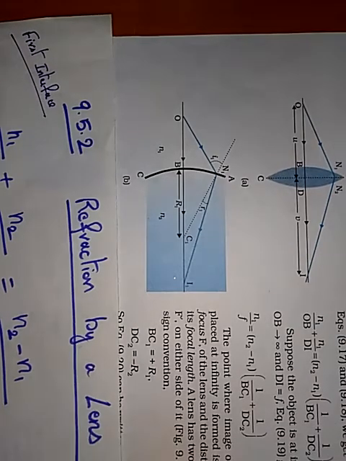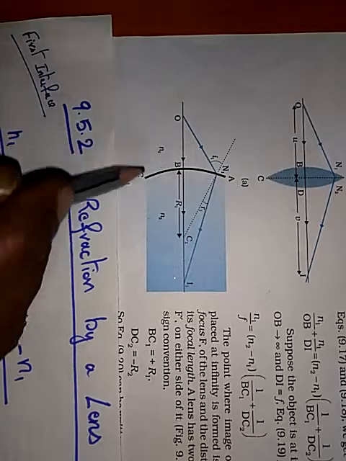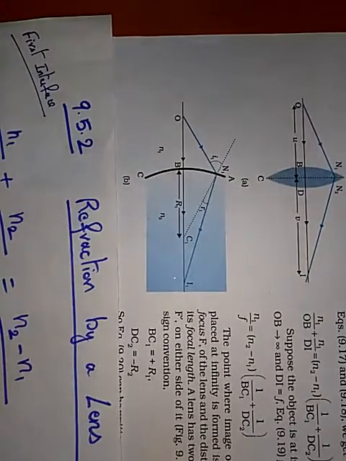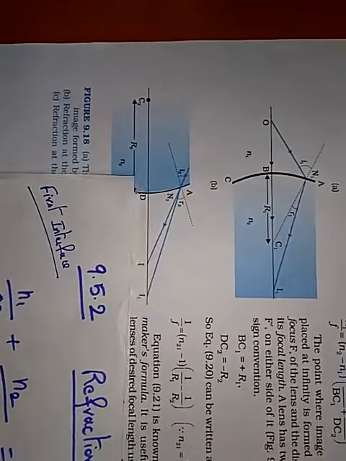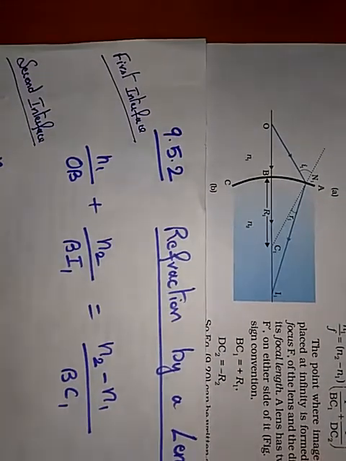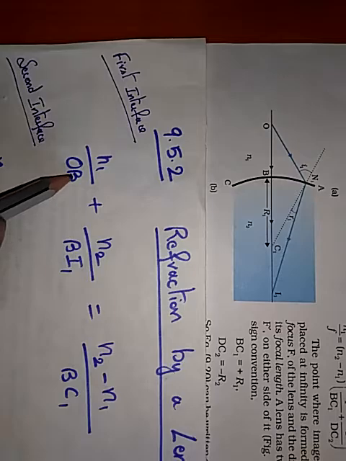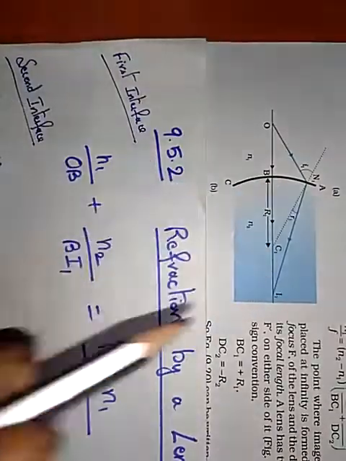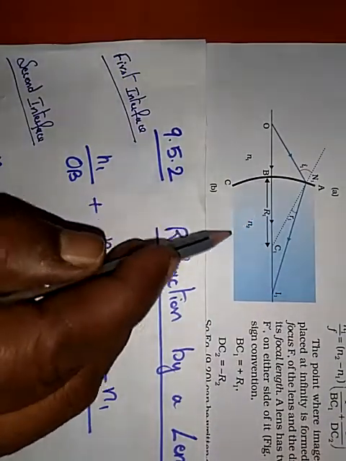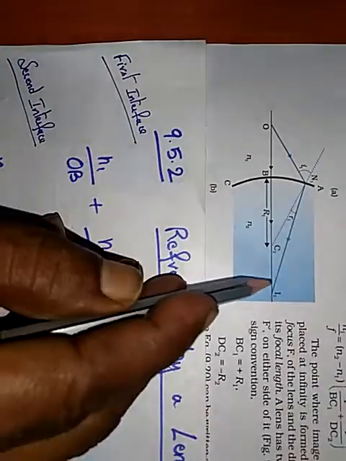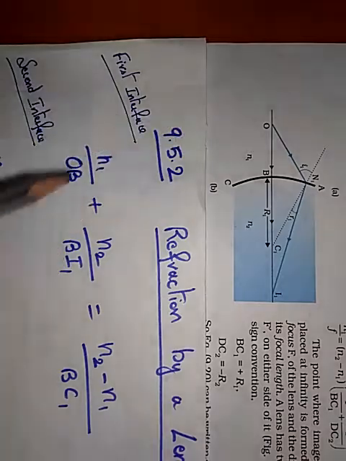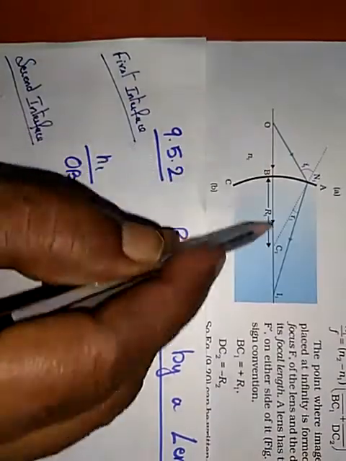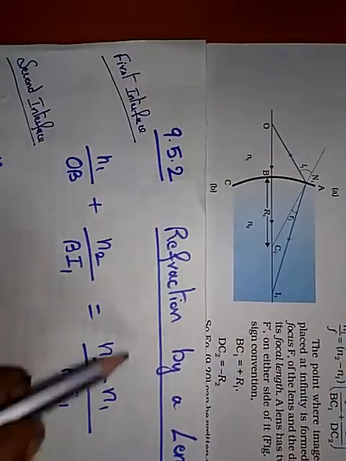So for the first interface, what we can write is n1 by OB plus n2 by BI1 is equal to n2 minus n1 divided by BC1.